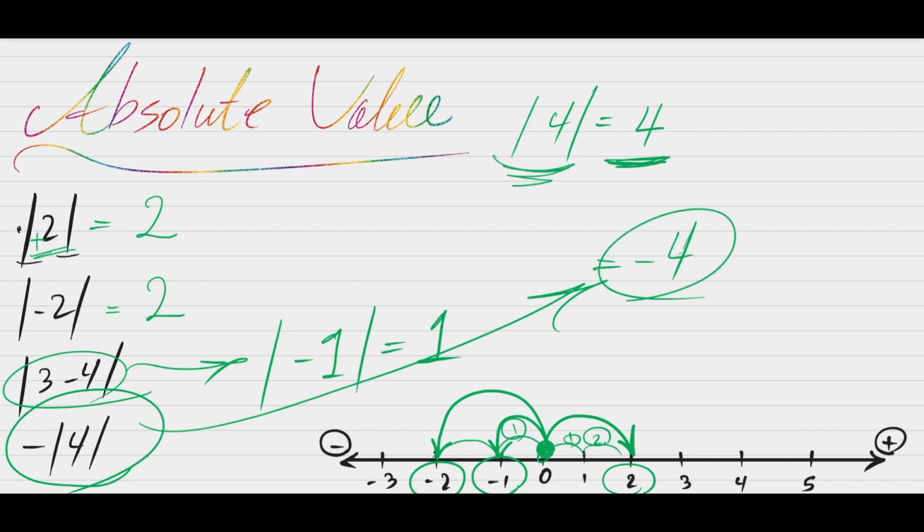And this will be our answer. What happened here? Because the negative sign was outside the absolute value bars, we had to evaluate the absolute value of 4 first. We know that that's just 4, and then we keep the negative sign out in front.